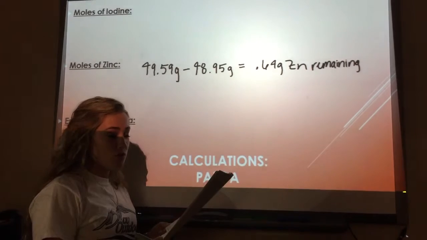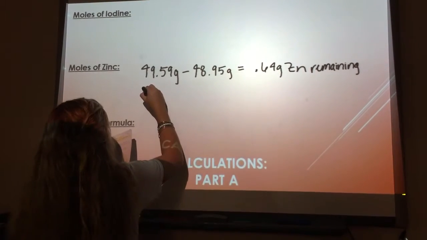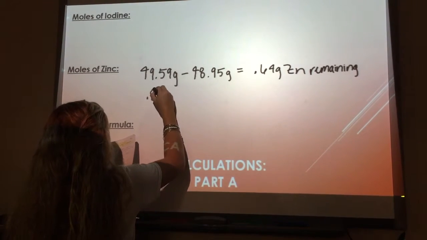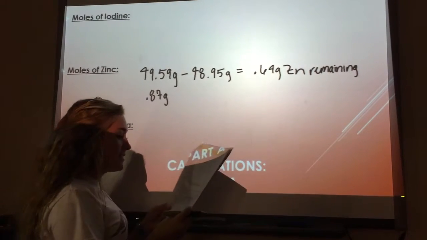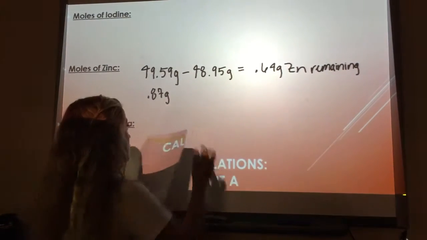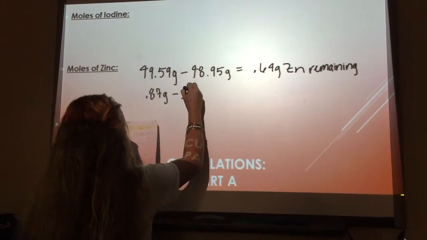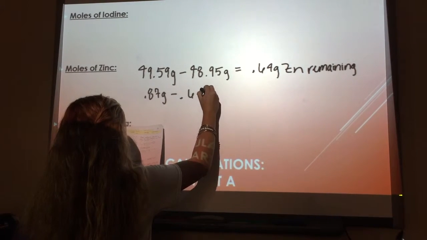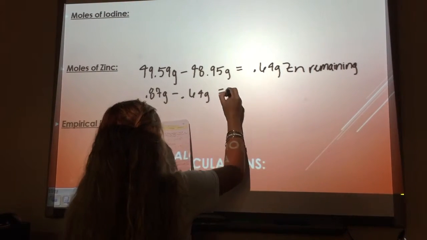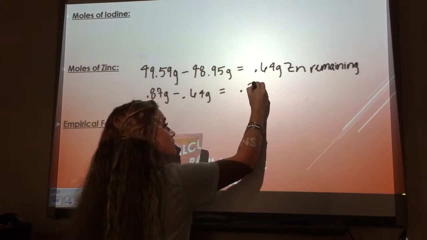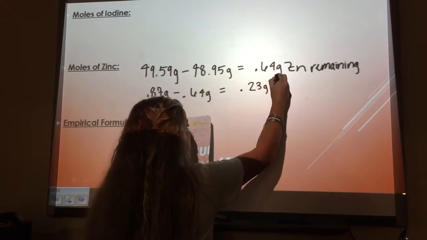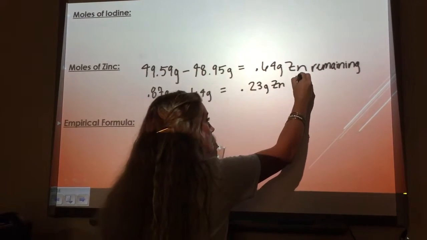Then we had to take the initial mass of the zinc, which was 0.87 grams, and subtract it with the amount of zinc remaining. Which is equal to 0.23 grams of zinc reacted.